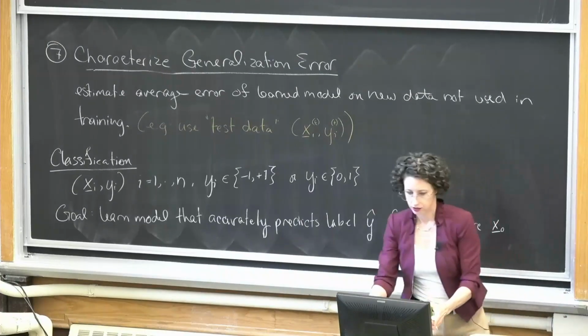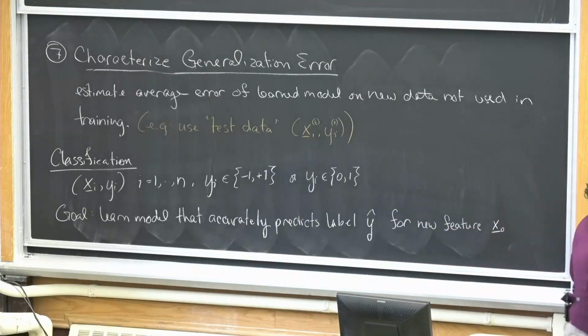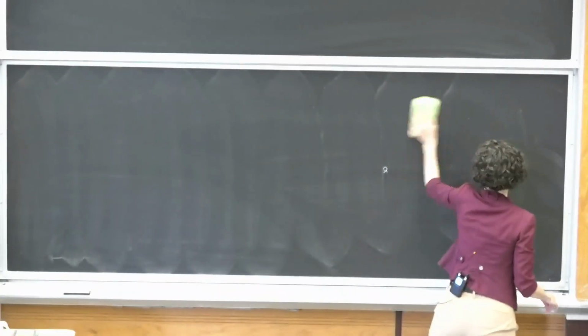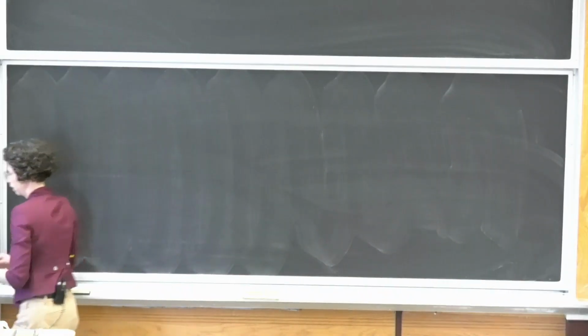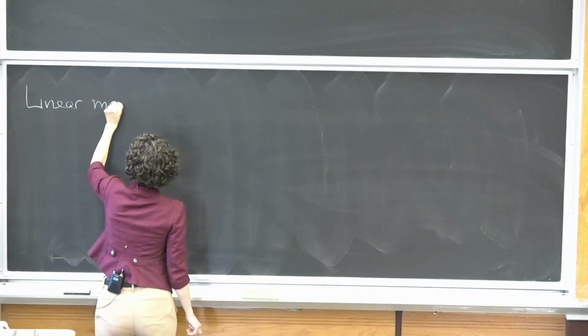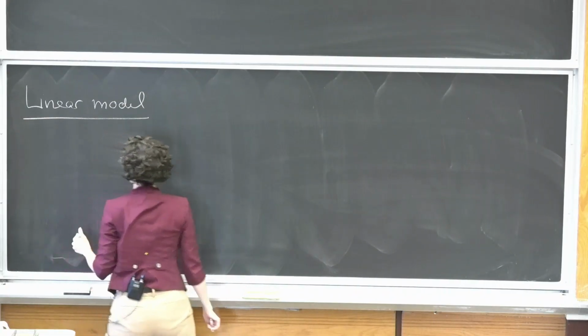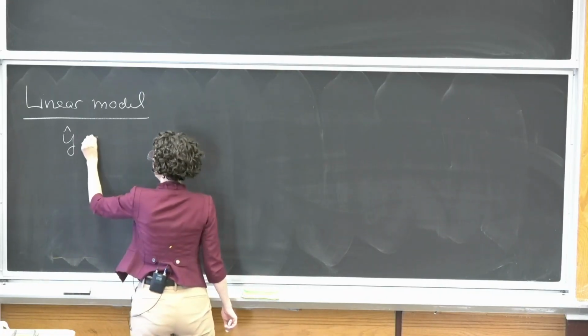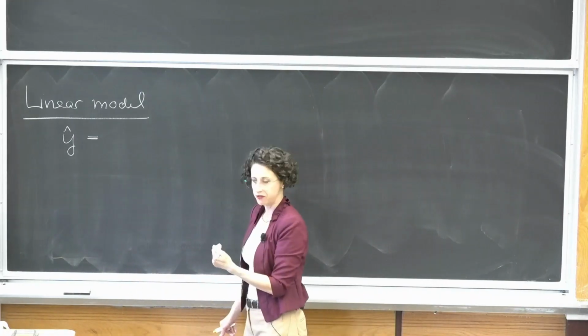Okay, so now let's consider this notion of a linear model. The idea is that our label, y hat, is going to be a weighted sum of the features.